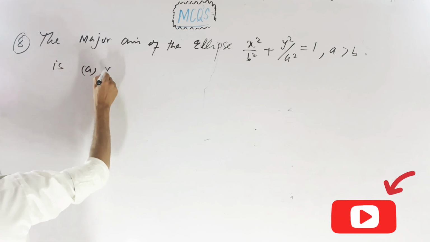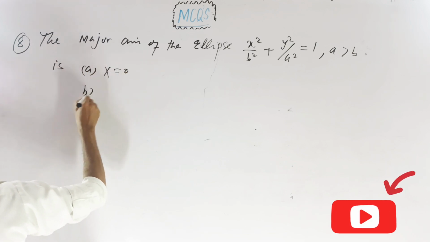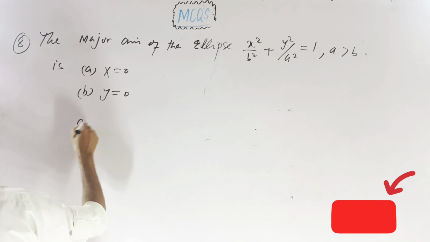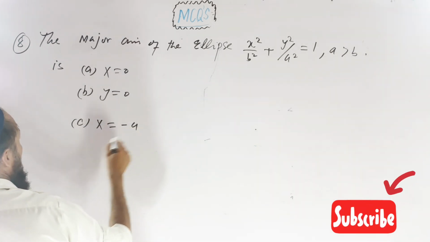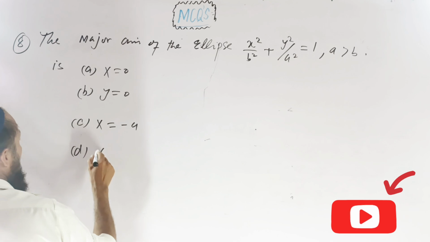A, x is equal to 0; B, y is equal to 0; C, x is equal to minus a; and D, y is equal to minus a.